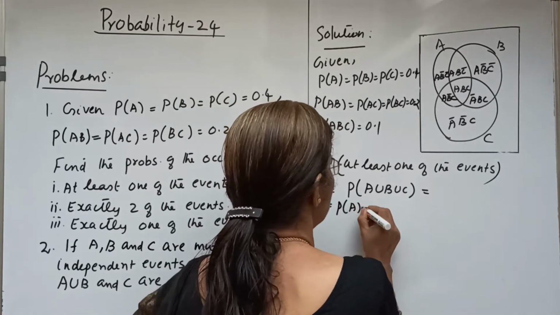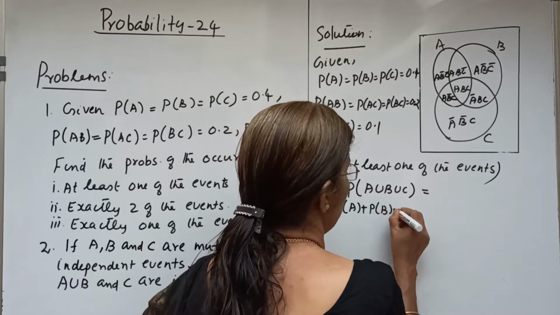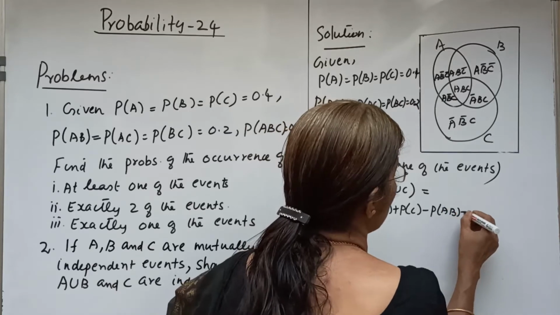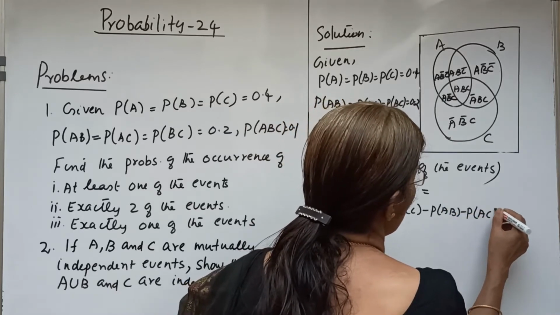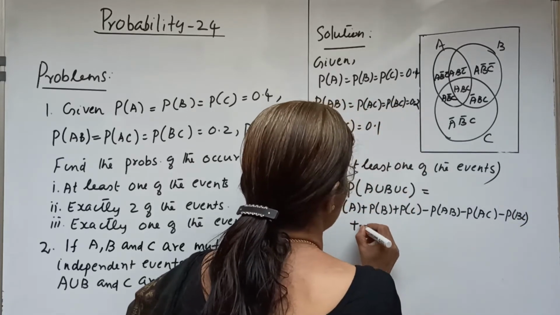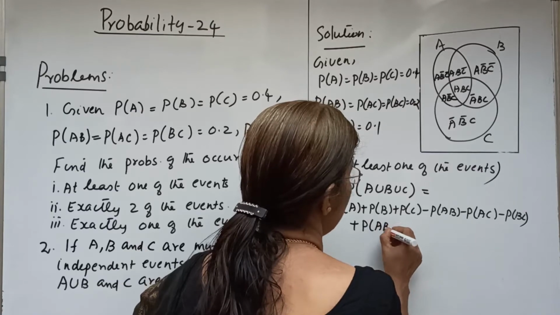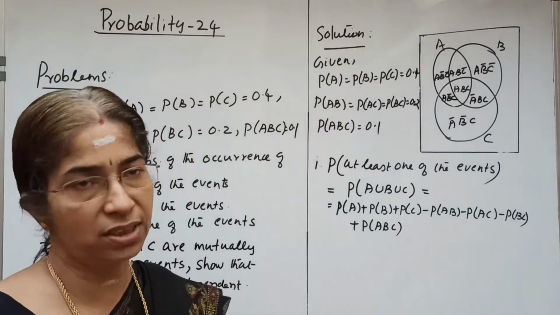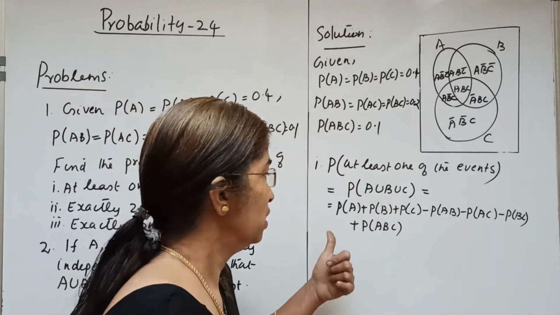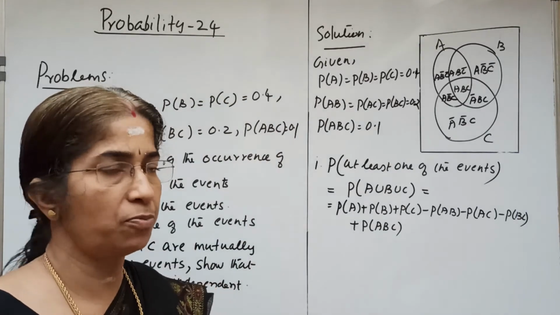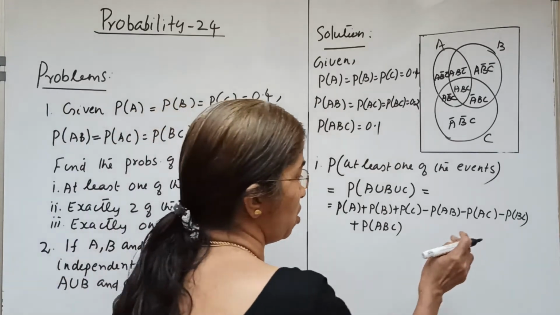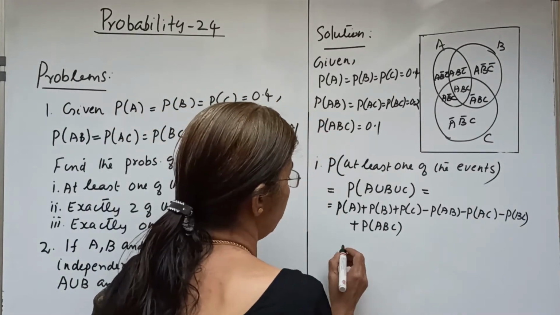P of A plus P of B plus P of C minus P of AB minus P of AC minus P of BC, plus P of ABC. Addition theorem for three events. Probability of P of A union B union C equals P of A plus P of B plus P of C minus P of AB minus P of BC minus P of AC plus P of ABC.